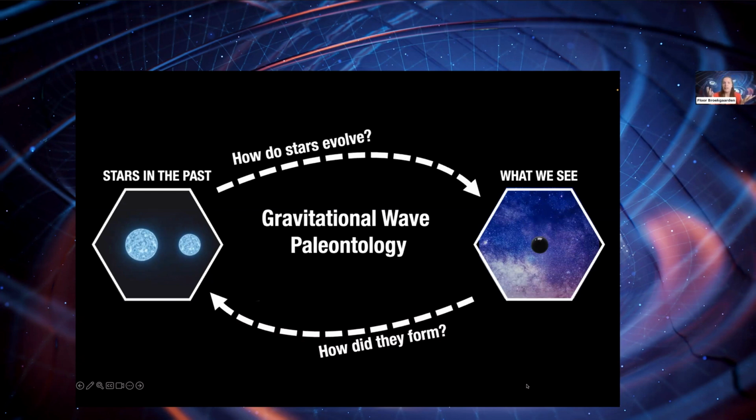Compare it to how paleontologists cannot directly tell from a fossil whether a dinosaur had feathers, but they can model dinosaurs with feathers and see what imprints they leave behind. We have to do the same in this case and forward model these stars and see what imprints they leave behind to test our theories.